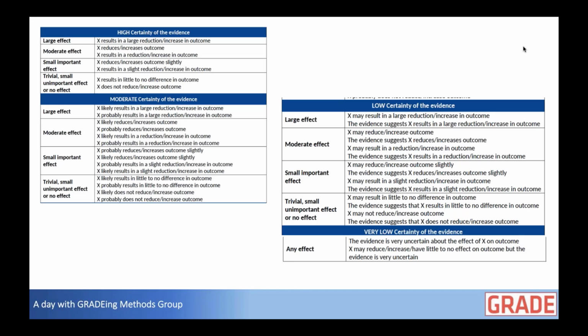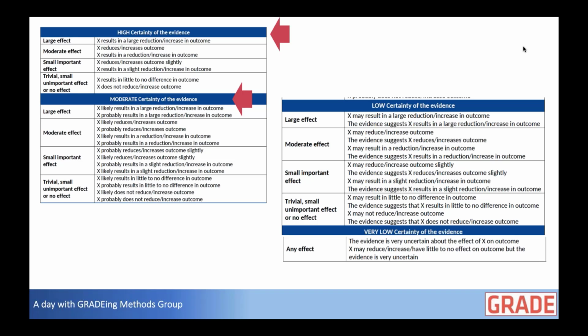And you can come up with the results statements based on whatever your certainty and effect size is from your systematic review. And so we came up with this large grid of possible ways of communicating the results. And I'll go through them in a little bit of detail.